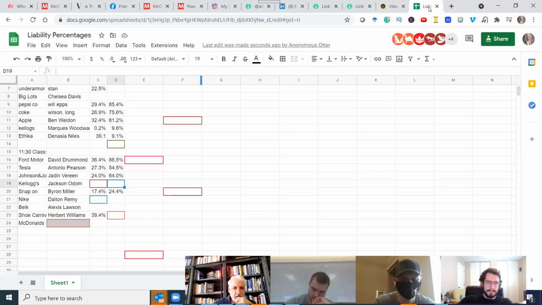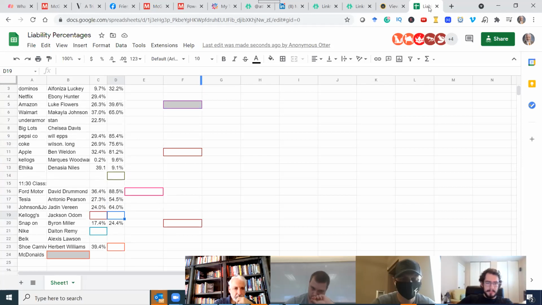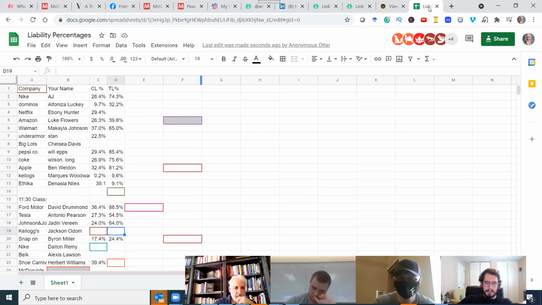But in summary, as we look at these numbers, and you'll have more time to get that filled in, right? I see a high of 88% with Ford, 85% of Pepsi, of total debt. That's your debt ratio, or debt to asset ratio, or debt to liabilities plus equity ratio.